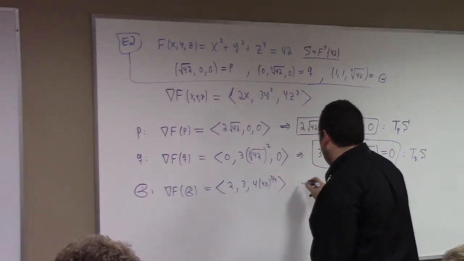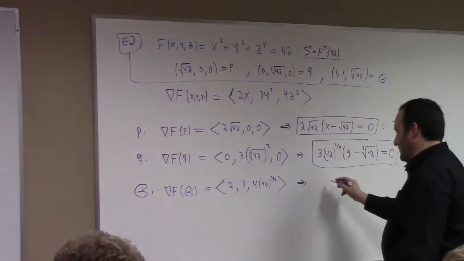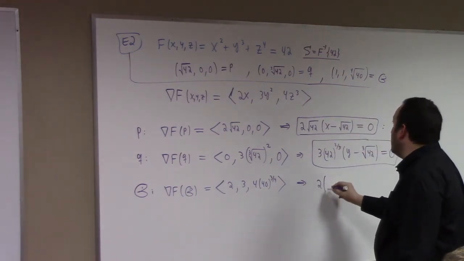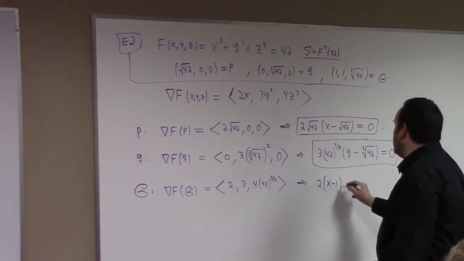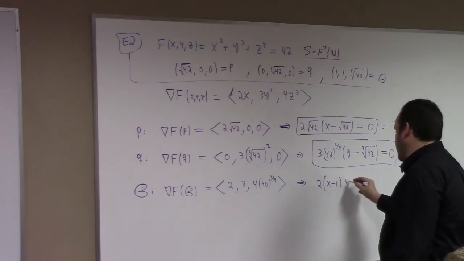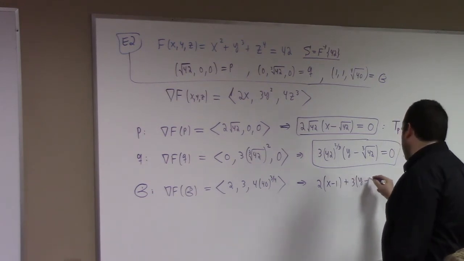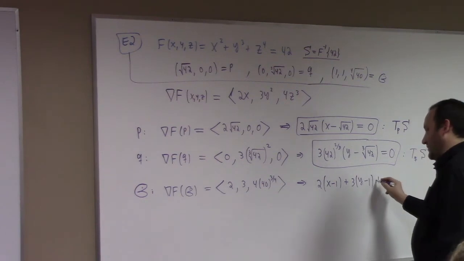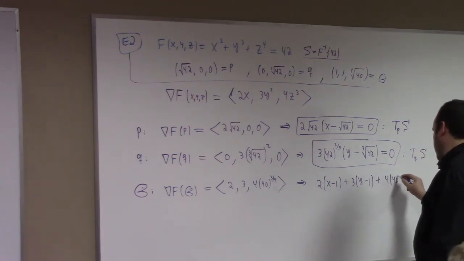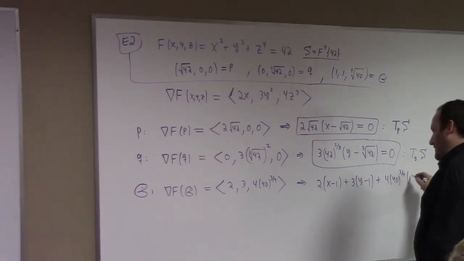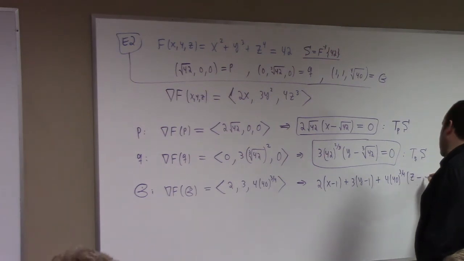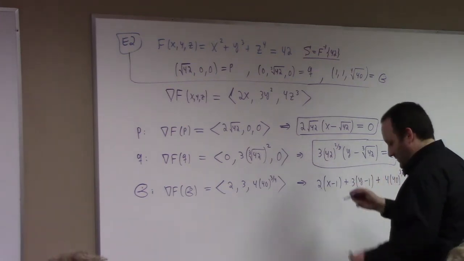Whatever that is, don't really care. So this gives me 2 times x minus 1 plus 3 times y minus 1, and then plus 4 times 40 to the 3/4 power times z minus the 4th root of 40 equals 0. Finally, an example which actually you can appreciate.